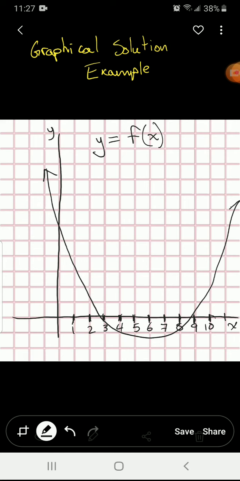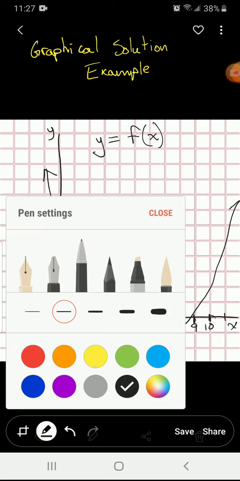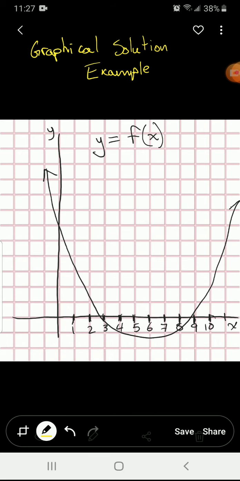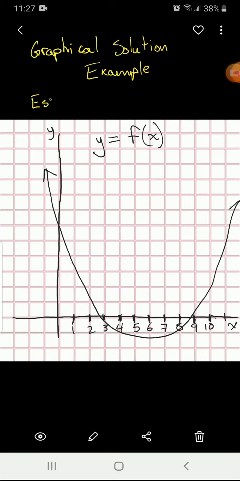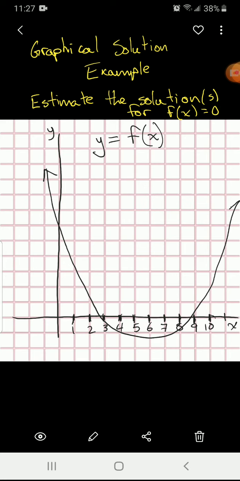So you're going to be given a question that says something like: estimate the solution for f of x equals 0, or it could be solutions.